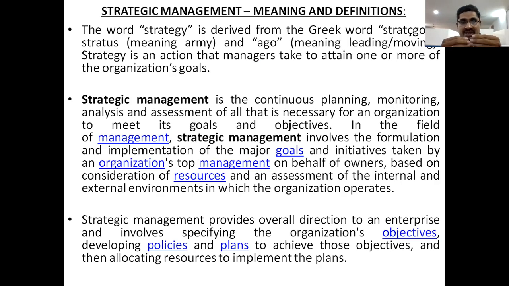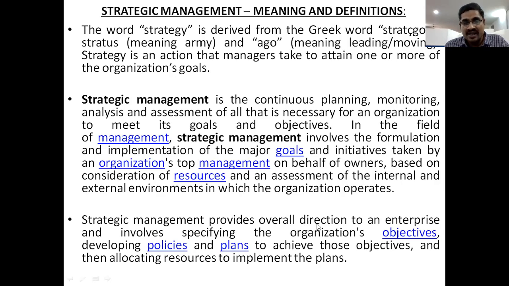For these two purposes, the top level management is involved on behalf of the owners to achieve the targets of the company. So the top level management takes initiatives for preparation of plans and their implementation for achievement of the targets of the company, right?